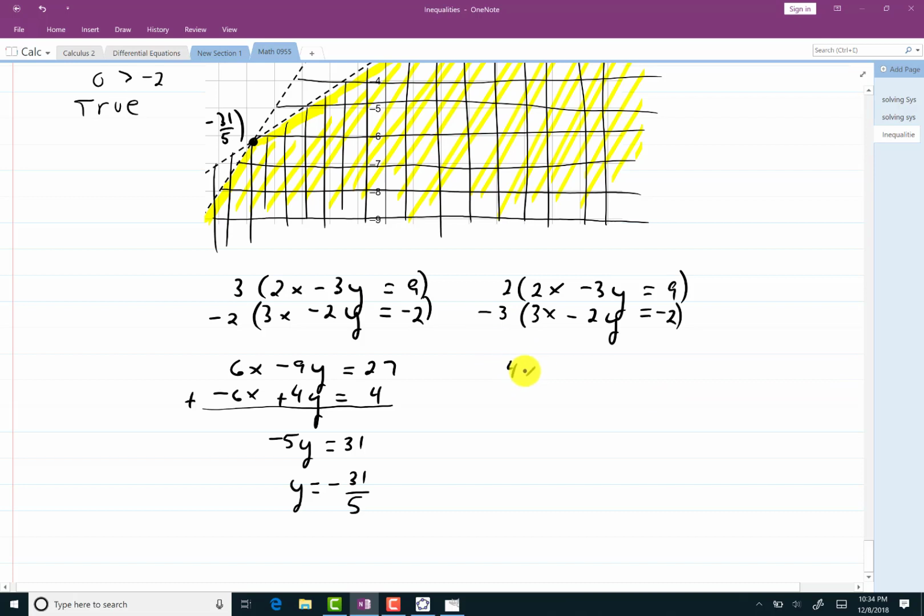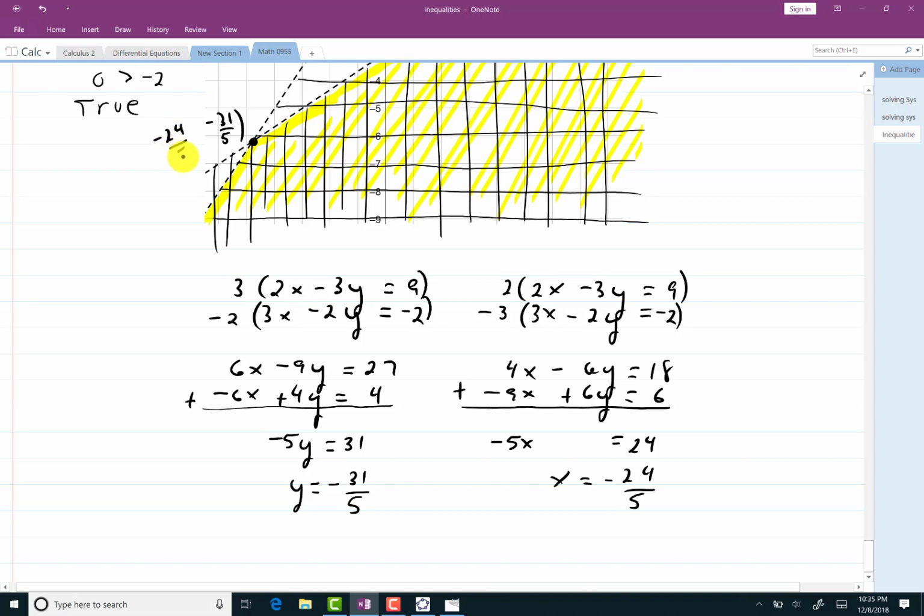So I get 4x minus 6y equals 18, and then I get negative 9x plus 6y equals 6. So let me go ahead and add these two things together. I'll get negative 5x equals 24, or x equals negative 24 over 5. So let me go ahead and put that over here, negative 24 over 5.